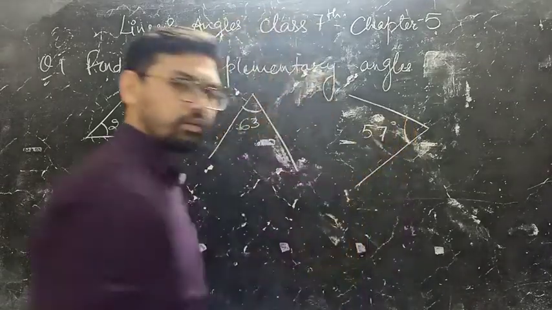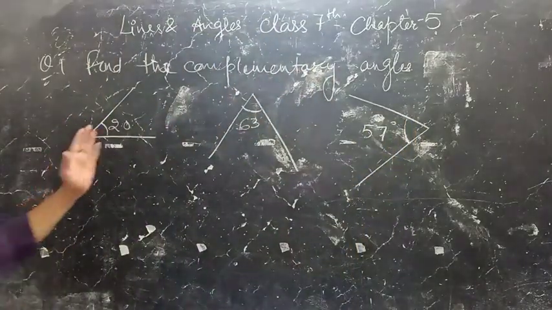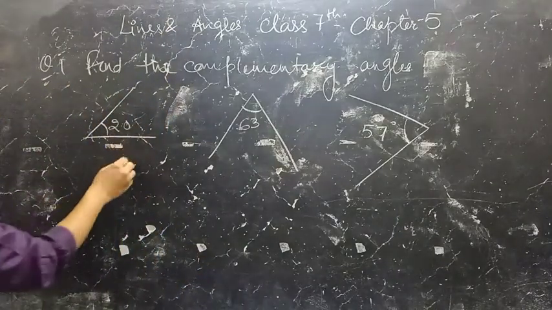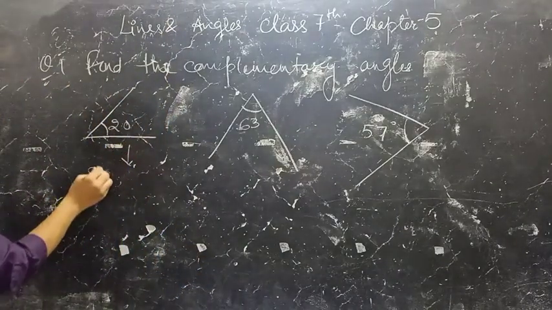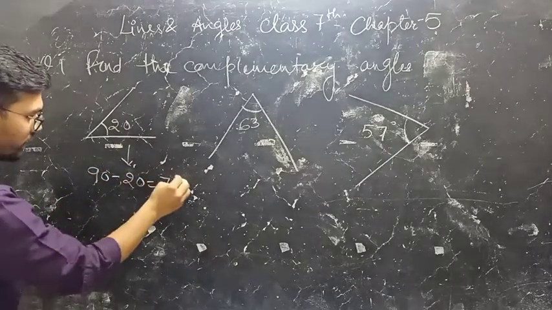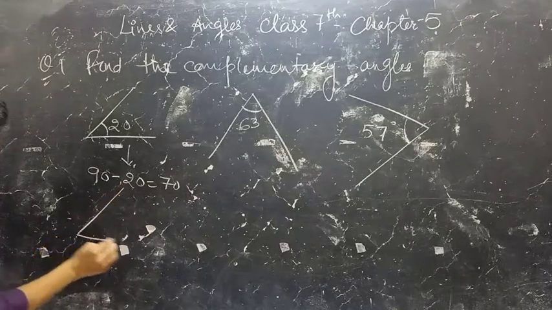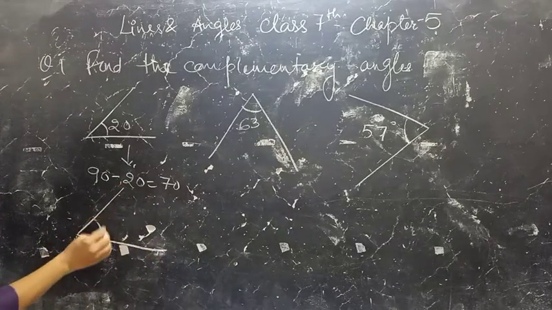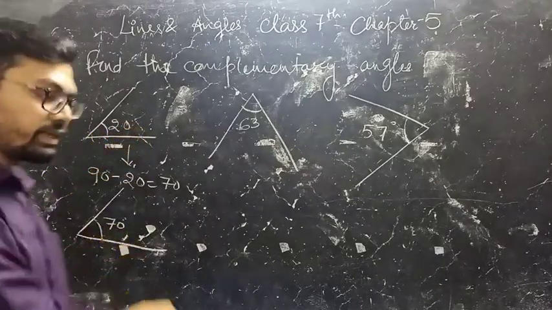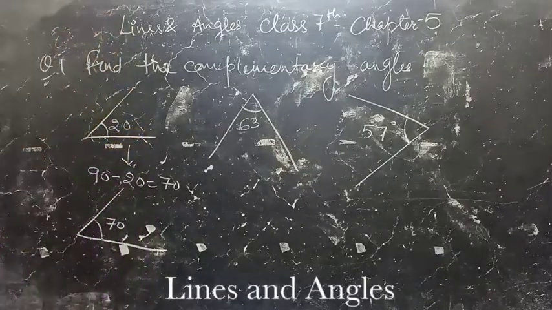So you need to calculate the complementary angle of these angles. The complementary of 20 will be 90 minus 20, which is equal to 70. So 70 plus 20 is equal to 90.